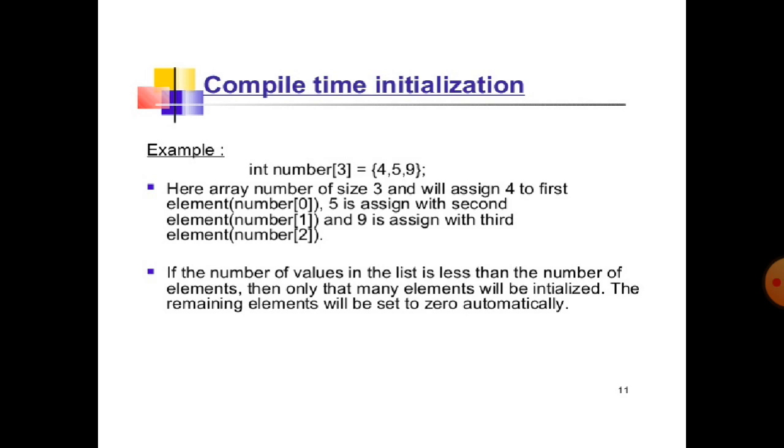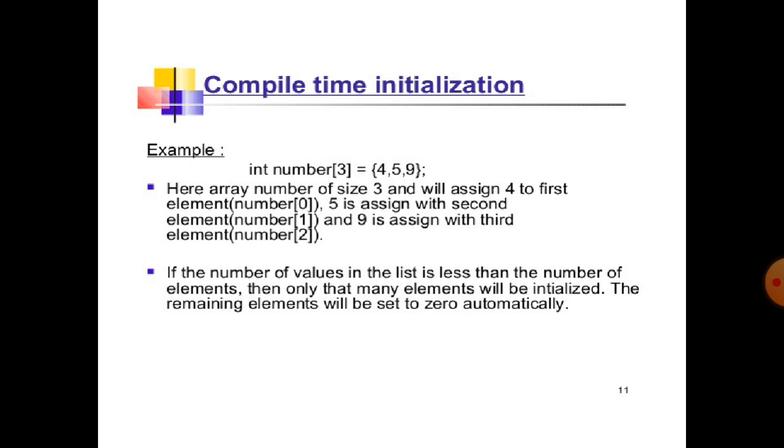Compile time initialization example: int number[3] = {4, 5, 9}. Here array number of size 3 will be assigned 4 to the first element number[0], 5 is assigned to the second element number[1], and 9 is assigned to the third element number[2].